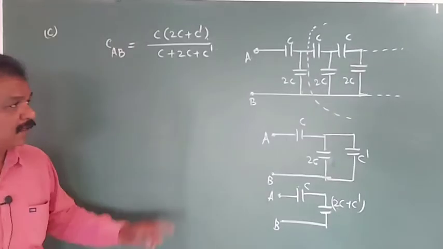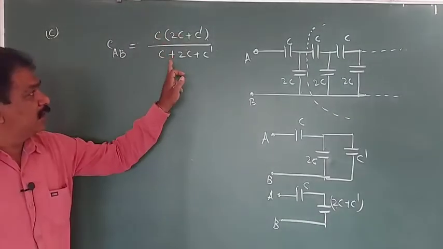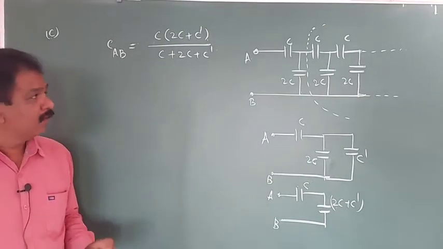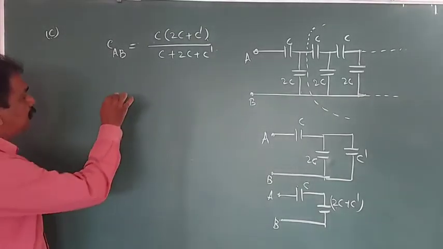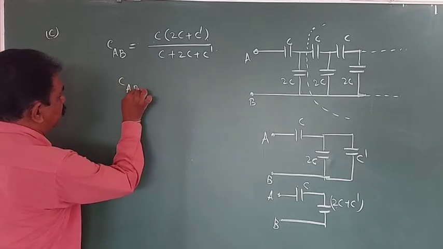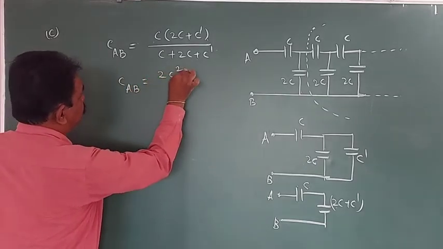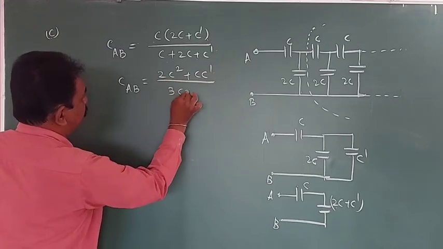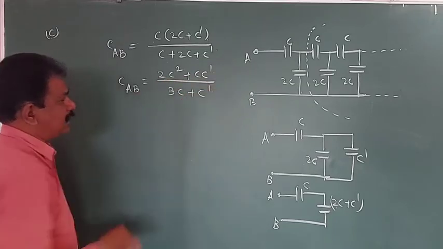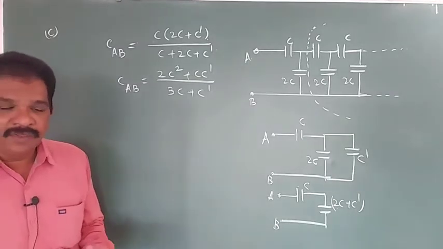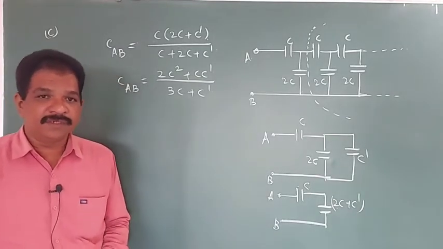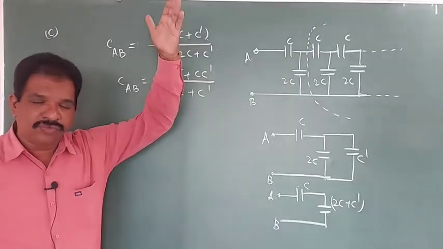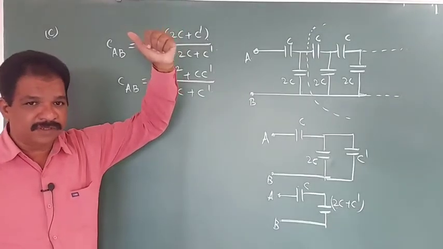The point is clear. C1 C2 by C1 plus C2. Then CAB is equal to 2C square plus CC dash by 3C plus C dash. Here we have to consider one assumption: this is an infinite circuit, so many capacitors are there.